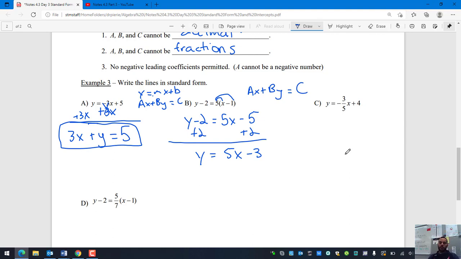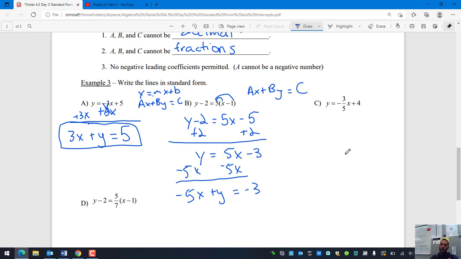I'm in slope-intercept form, but what I need to do is move this 5x over to the left. So how do I get rid of positive 5x? I have to subtract 5x. X and y are on the same side at this point. And what I'll have now is negative 5x. This is a positive y, so it's plus y is equal to negative 3.